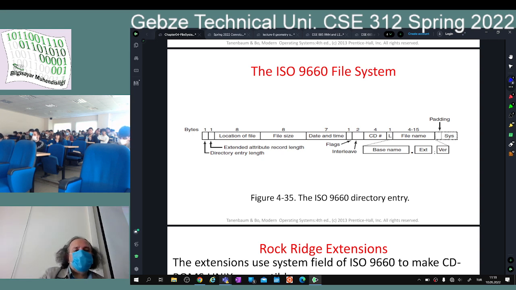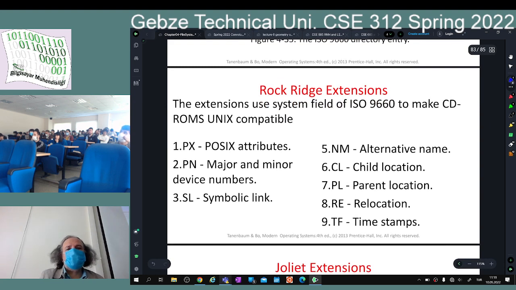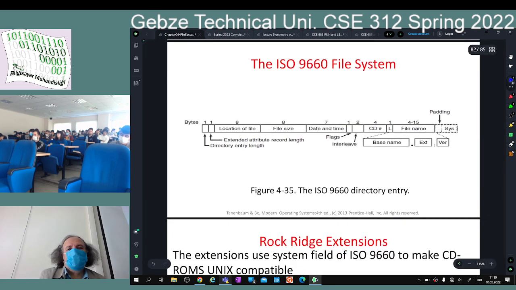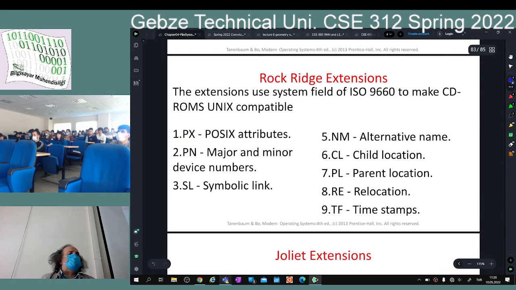So they came up with these Rock Ridge extensions. These Rock Ridge extensions added attributes, which are normally found on POSIX systems, to the extension part of the CD-ROM directory entries. Now, if your CD-ROM supports the Rock Ridge extensions, then it can behave like a Unix file system.